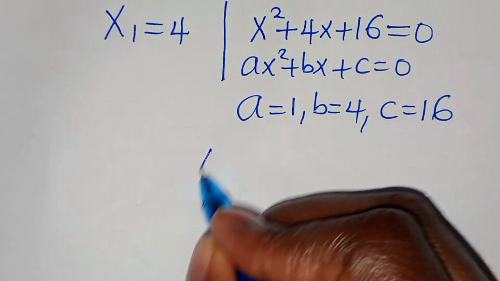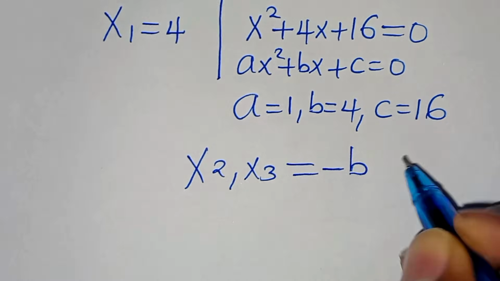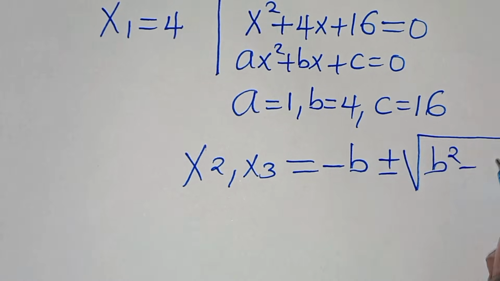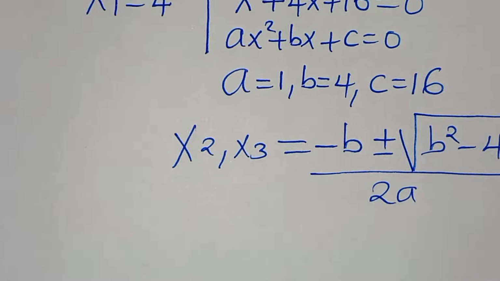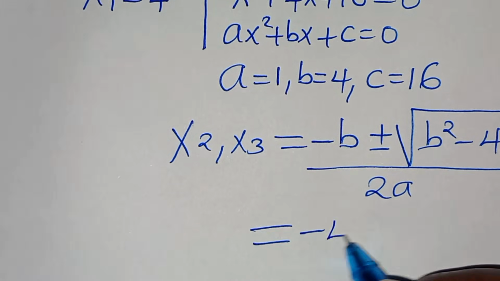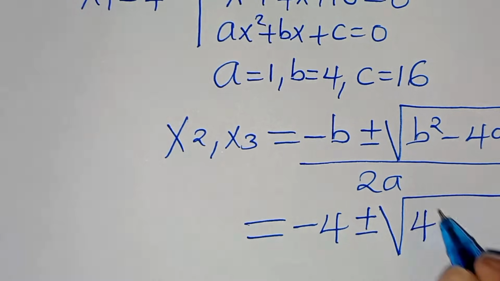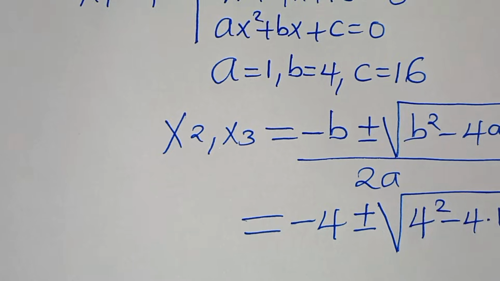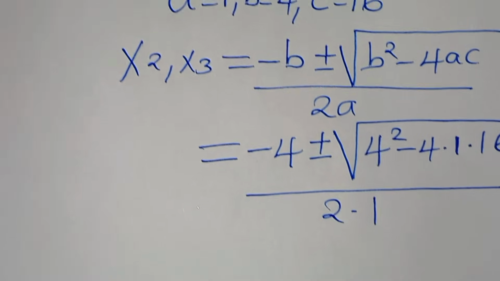Now from here, we can solve for x2, x3 by applying the quadratic formula, which is minus b plus or minus the square root of b squared minus 4ac, everything here divided by 2 times a. Substituting the values of a, b, and c, then we have minus 4 plus or minus the square root of 4 squared minus 4 times a, which is 1, then times c, which is 16. Everything here divided by 2 times 1.